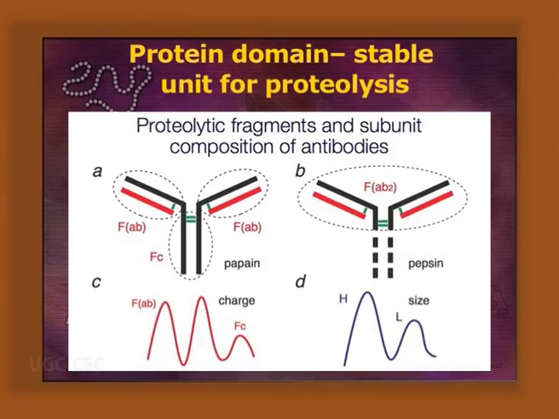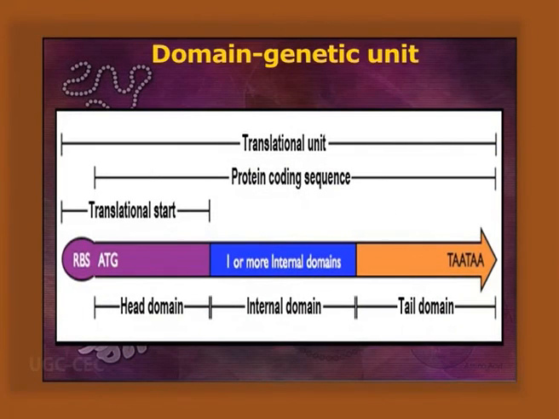Let's talk about the characteristics of the domain. First, it is a very stable structural unit, so it can be taken for proteolysis. A structural unit, so it can be taken for X-ray analysis. A very important genetic unit, so the protein amino acid sequence can be compared with the DNA and RNA sequence also.